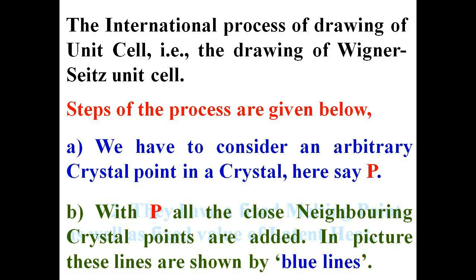A. Firstly, we consider an arbitrary crystal point in a crystal, say P. B. With P, all the close neighboring crystal points are joined. In the picture, these lines are shown by blue lines.